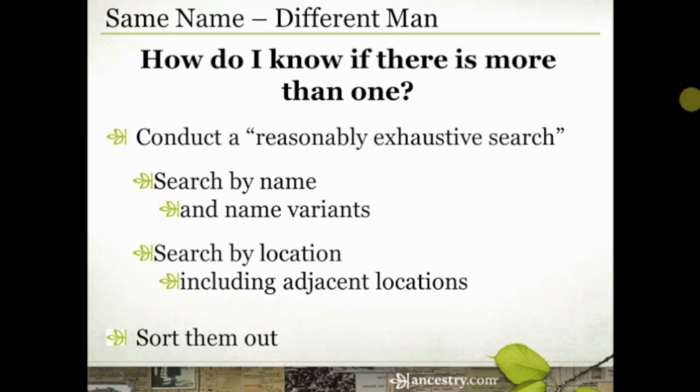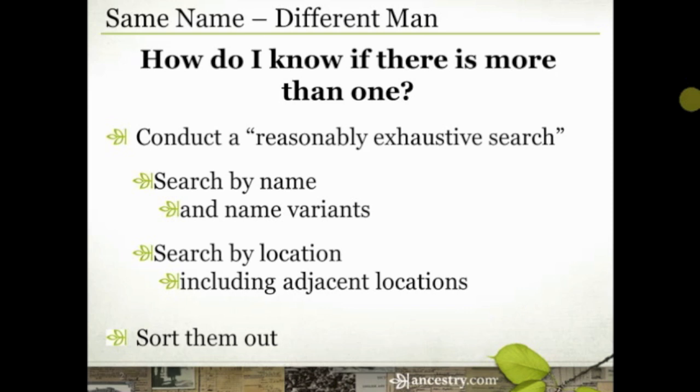You start to see, again, patterns. Are you looking at the same 2 or 3 men over and over again? Are you looking at 4 or 5 different men? Is there a situation where one man has been enumerated more than once in the census because he has multiple families? Or is it a matter of 3 cousins who have all been given the same name as their grandfather?